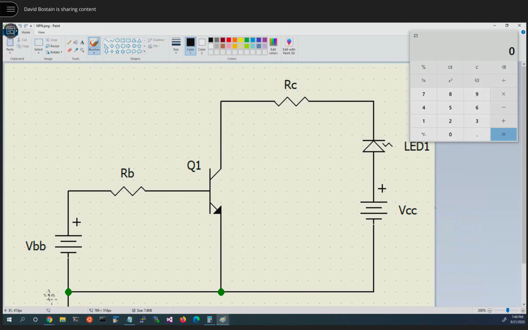Now, although we can't see the ground symbol down there, we're going to say that VBB is 4 volts and we'll say that VCC over here is going to be 15 volts.